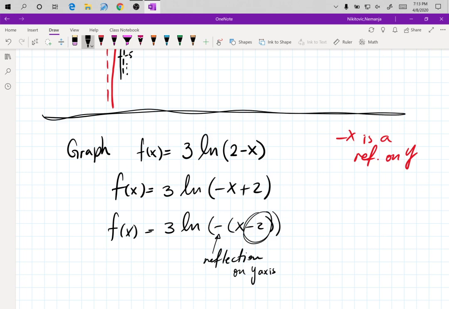And then we also have this -2, which is the shift right. All right, so try to draw this one on your own.